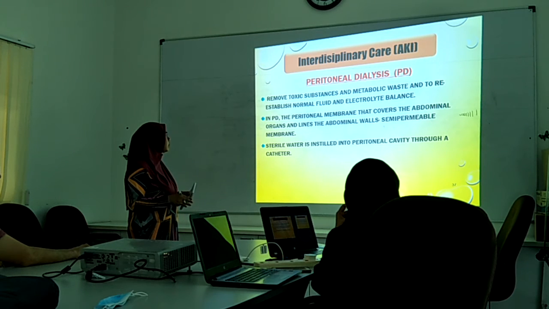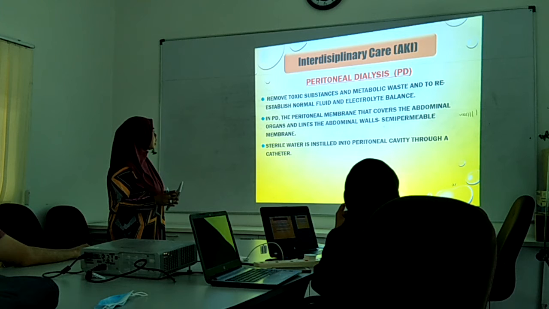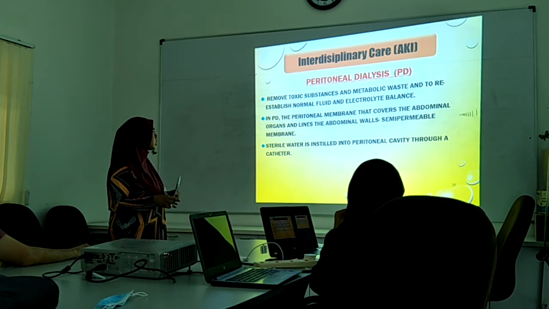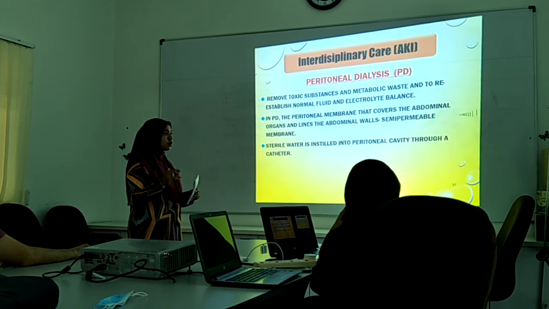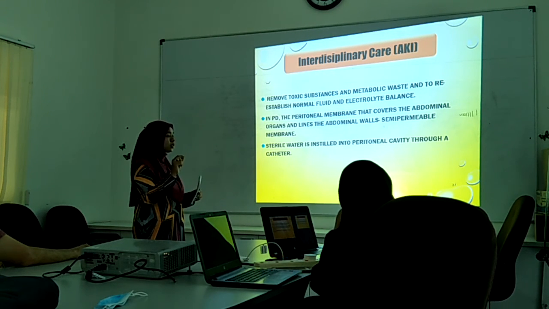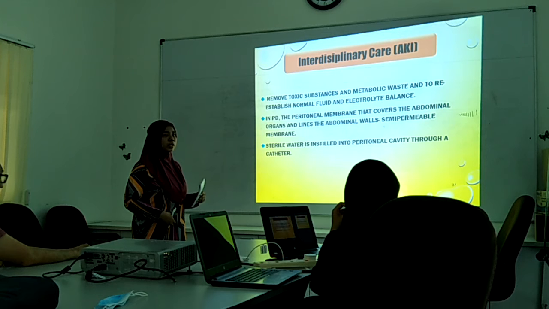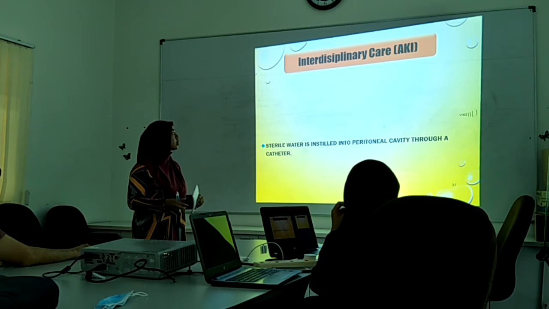In PD, the peritoneal membrane that covers the abdominal organs and lines the abdominal wall is a semi-permeable membrane. Sterile dialysate is instilled into the peritoneal cavity through a catheter. The patient will have an incision in the abdomen, going through the peritoneum, and the dialysate will take part there.